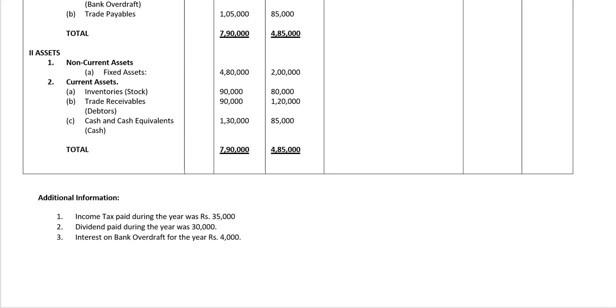Below the balance sheet, we have additional information. Income tax paid during the year was rupees 35,000. Dividend paid during the year, rupees 30,000. And interest on bank overdraft for the year, rupees 4,000.